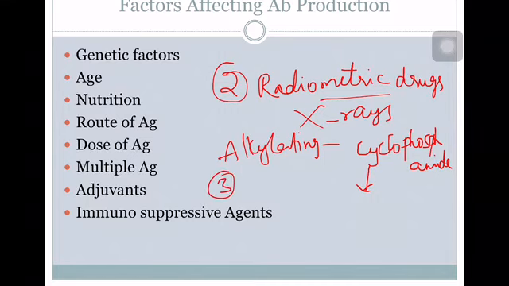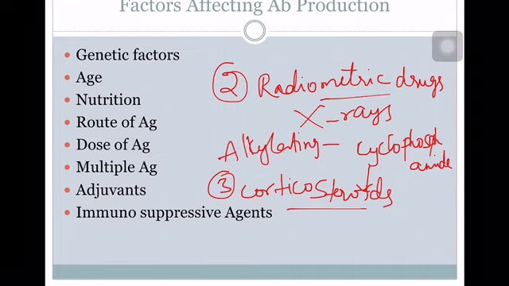Another immunosuppressive agent is corticosteroids. Corticosteroids are anti-inflammatory drugs that diminish the response by both B and T cells.